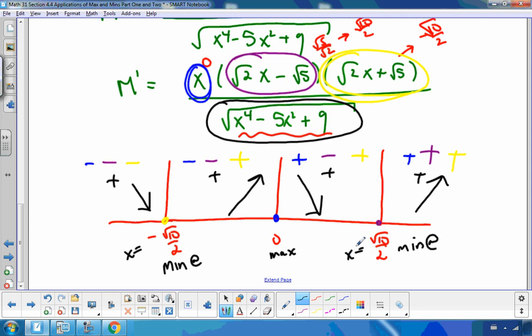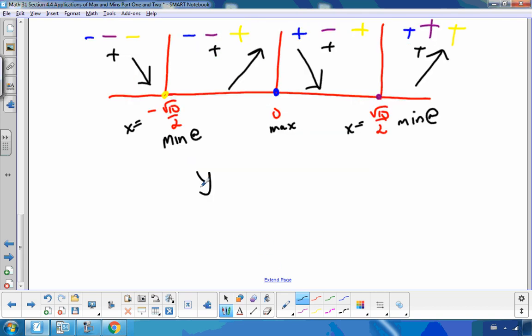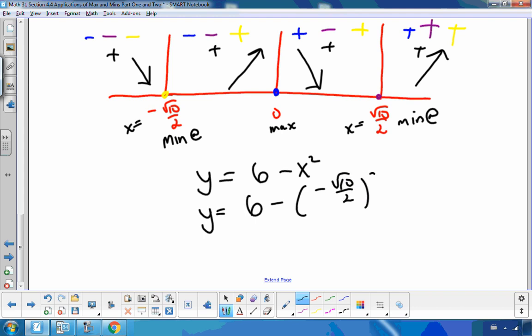So what we need to do is figure out what is the y value that goes with that. So you'll remember from the equation above, my y equals 6 minus x squared. That was the equation of the parabola. Let's figure out what the corresponding y value is. So negative root 10 over 2 squared. So that's just going to be 10 over 4, which is really 5 over 2.